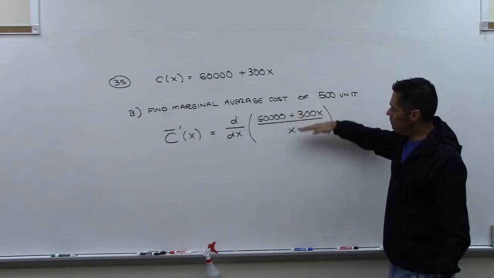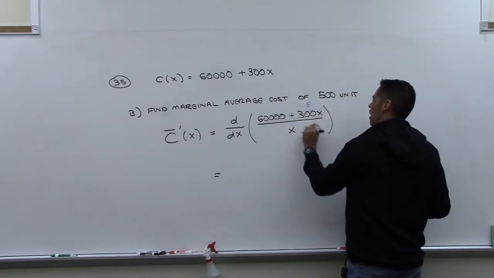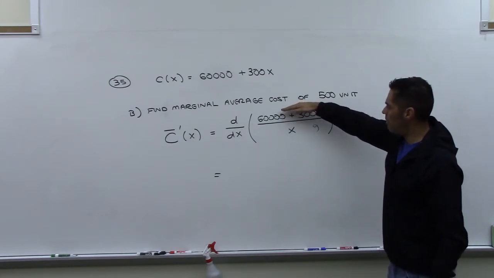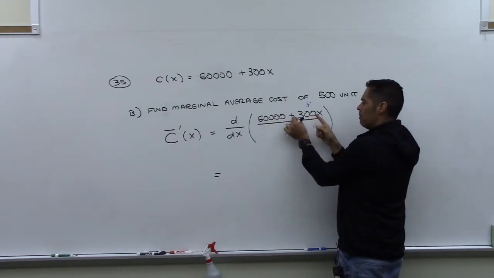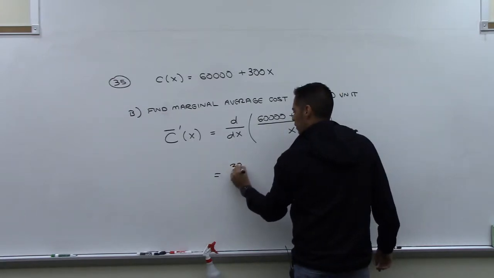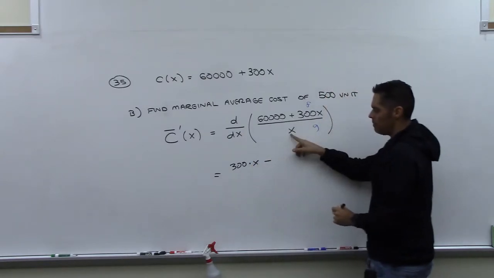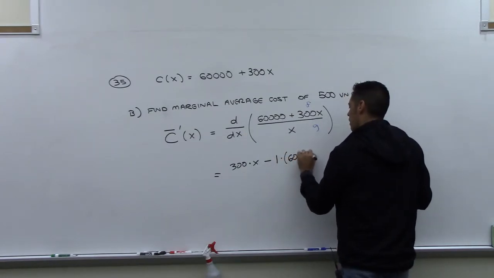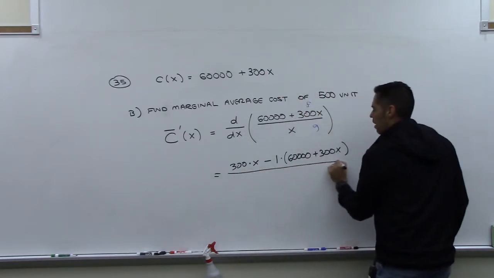So notice we have to take the derivative of a quotient, and we just learned the quotient rule. So we should be able to look at f and g like that and do our quotient rule. So derivative of the top times the bottom minus derivative of the bottom times the top, all over the bottom squared. So what is the derivative of the top? Well, derivative of this is 0, plus derivative of this is just 300, and then times the bottom, which is x, then minus the derivative of the bottom, which is 1, times the top, which is 60,000 plus 300x, all over the bottom squared.